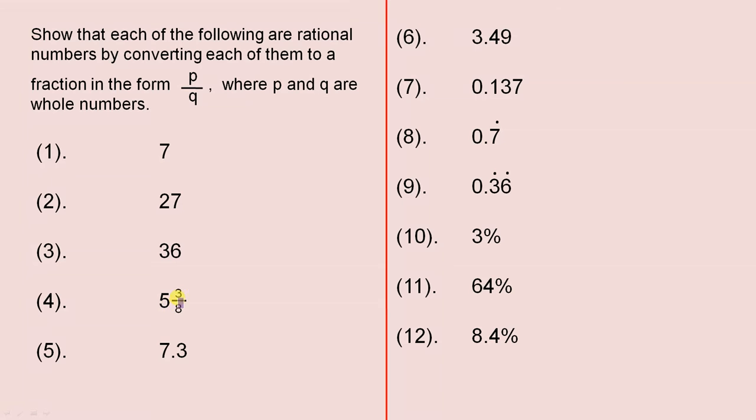Here's another one. Now there's a fraction there, but we've also got a whole number here. So how can we transform that number to look like that? This is a decimal, 7.3. We need to change that so it looks like a fraction, where the numerator and the denominator are whole numbers.